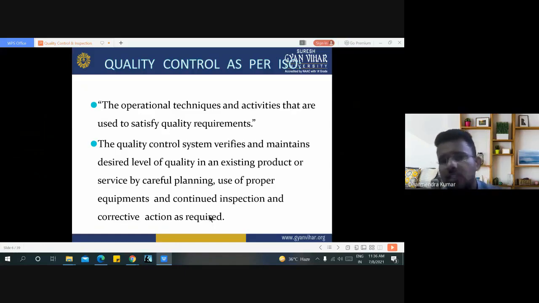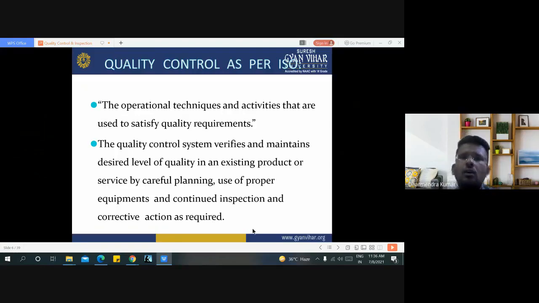On the basis of the usage of proper equipment, proper machining process, and continued inspection, if we find any error or more deviation in the final product, then corrective action is required for changing the planning, process, machine, and raw material.